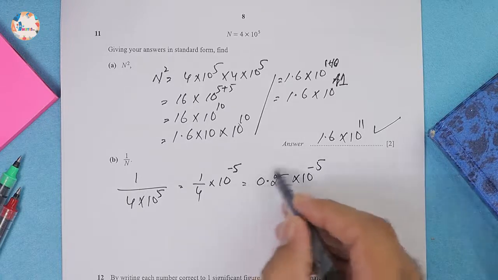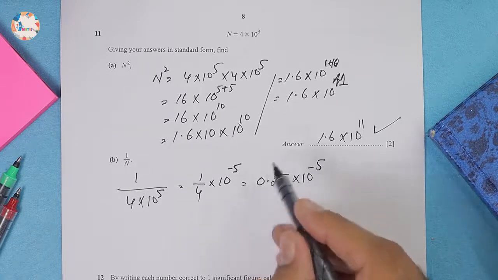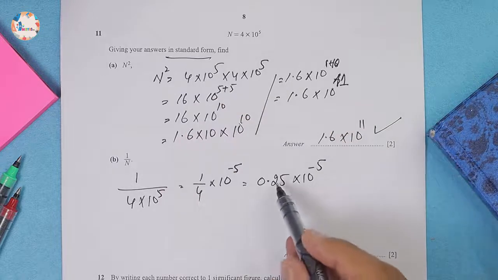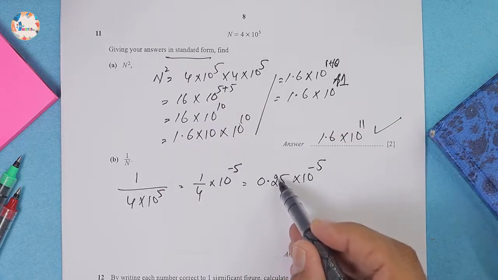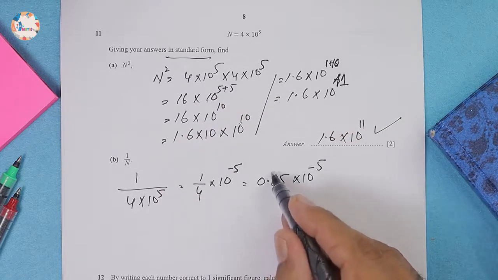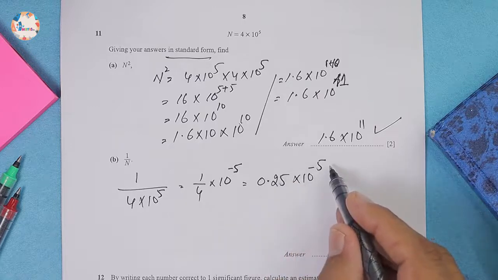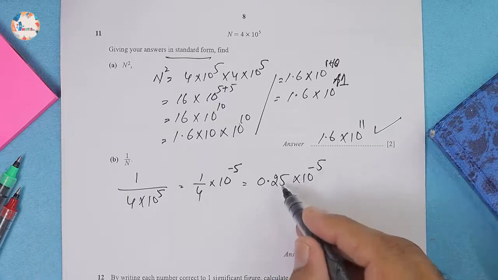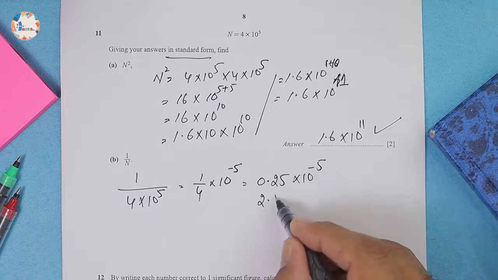Now this is not in standard form because we have to provide the answer in standard form, so this decimal will have to move to the right. Whenever we move to the right, we subtract 1 for each jump. So this will be 2.5.